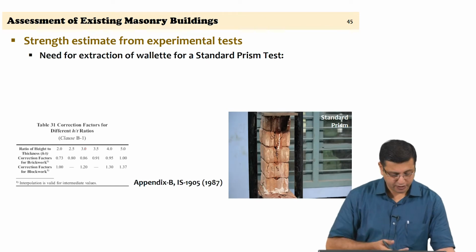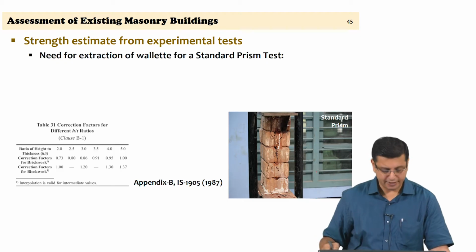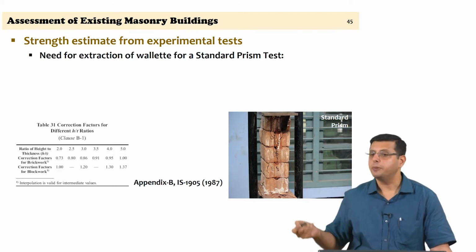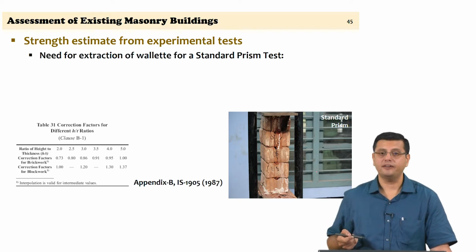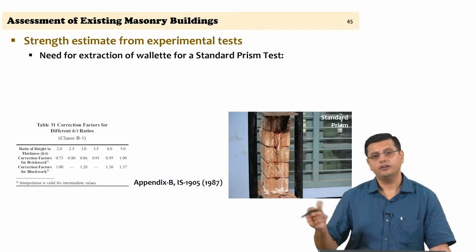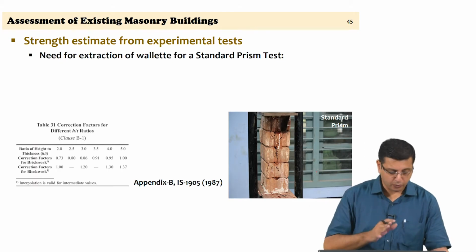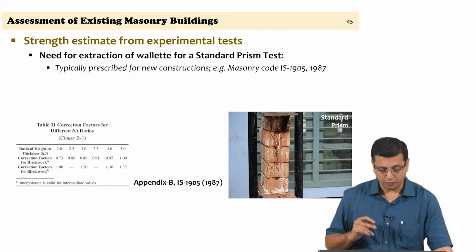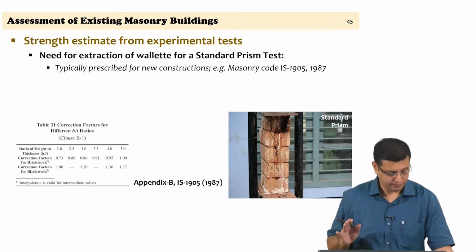So, this is what the code would say: make a standard prism, do a compression test, and based on the h by t ratios that you are aware of, for example, Appendix B of 1905 would give you these correction factors. You can use the correction factors and arrive at the compressive strength for brickwork or block work. So, clearly these are prescribed for new constructions, right.